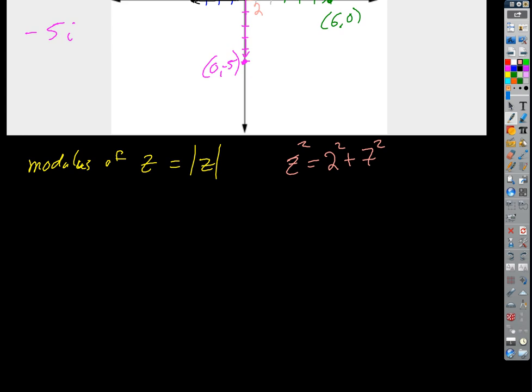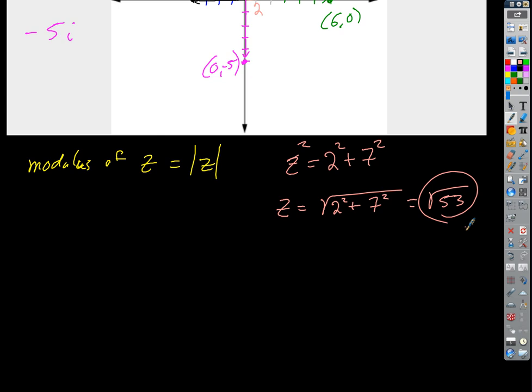Square root. So z equals, we're only going to take the positive answer. I know there should be a plus or minus there, but we said that a modulus is always positive. So we'll take the positive square root of 2 squared plus 7 squared. What is that? 4 plus 49? Square root of 53 is the size of that number.